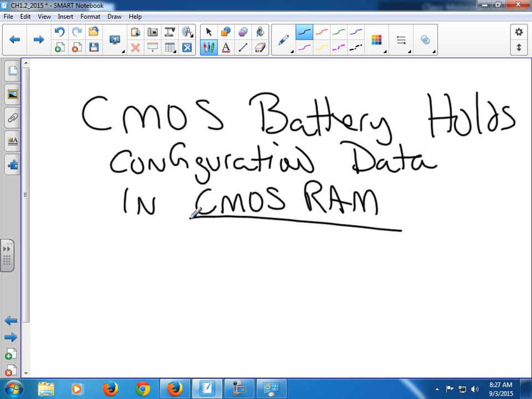Okay? That chip on the motherboard that holds the date and time and the boot order, and the list of hardware in my PC, is held there by that battery in CMOS RAM.